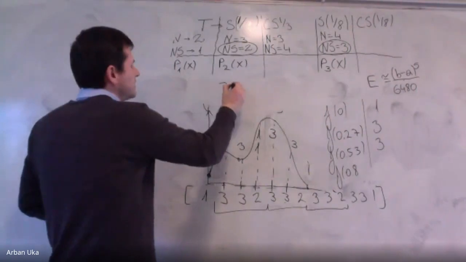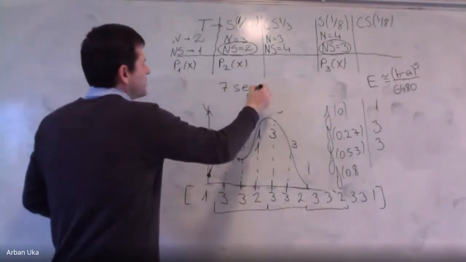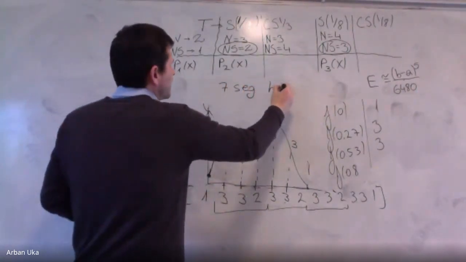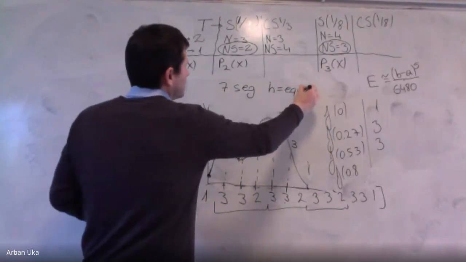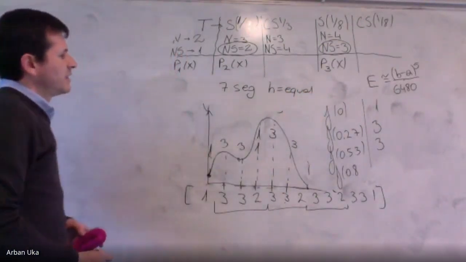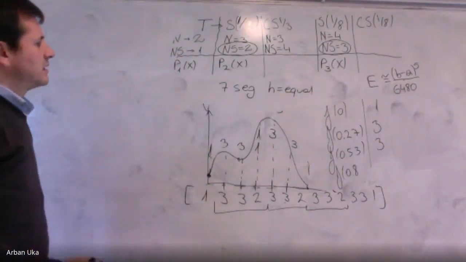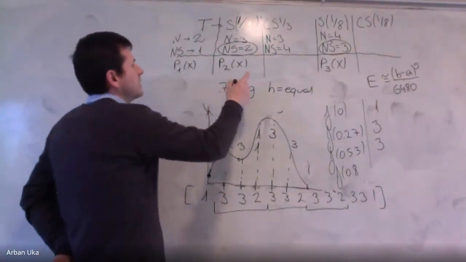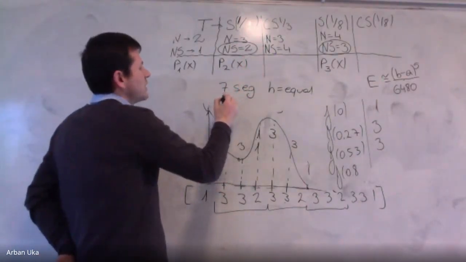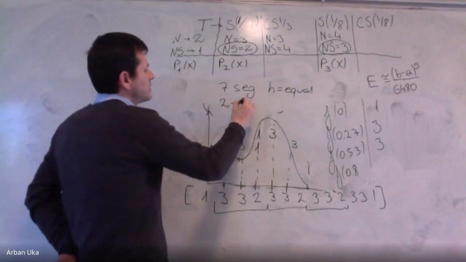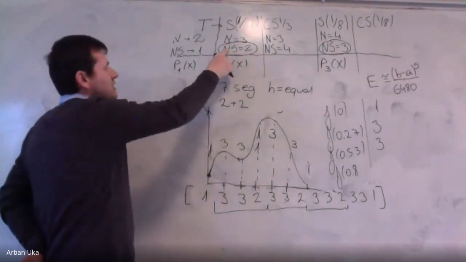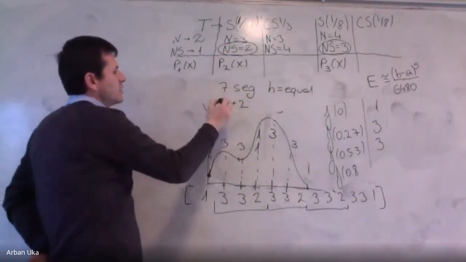Let's think for a moment, if we have, let's say, 7 segments, but the little h's are equal, so all the ranges are equal, what we can do is apply the composite Simpson's 1/3, so we can use 2 segments plus 2 segments, using this twice, right? So we get 4 segments.